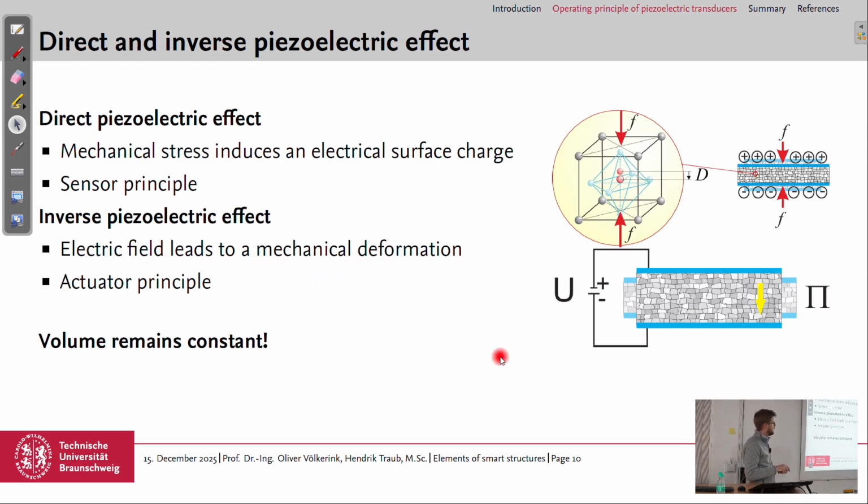You have electrodes on the piezoceramic, apply a voltage, and then the piezoceramic deforms. This is the basic principle we use for actuating. So the inverse effect is for actuating. And we assume that the volume remains nearly constant.